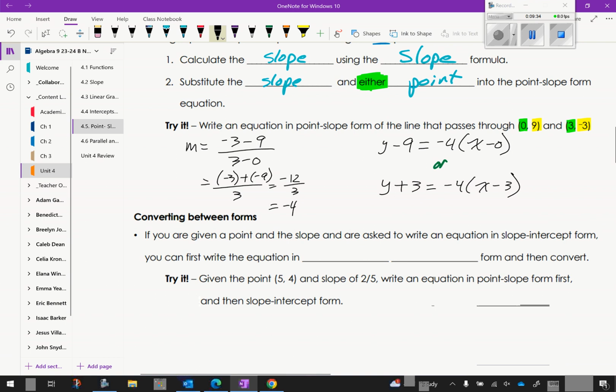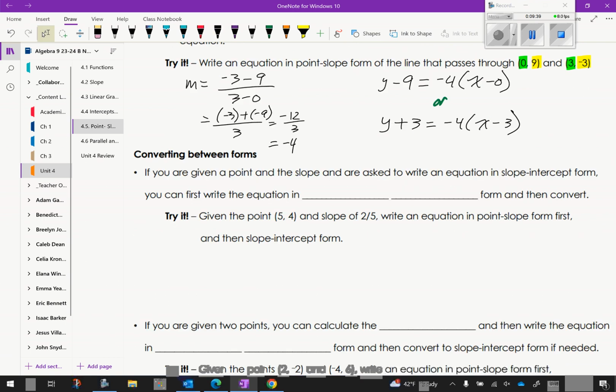Now, sometimes we would prefer to have the equation in slope-intercept form. So if you're given a point and you know the slope, you're asked to write it in slope-intercept form.